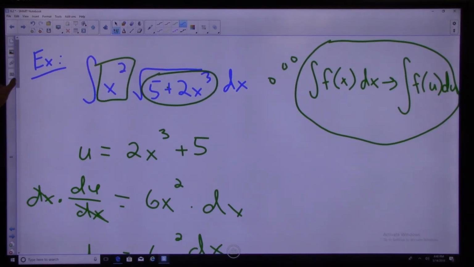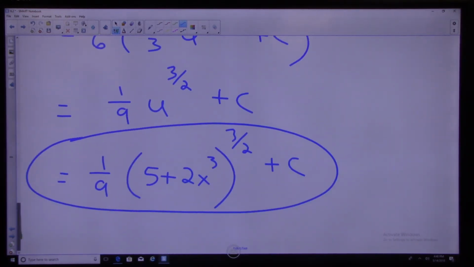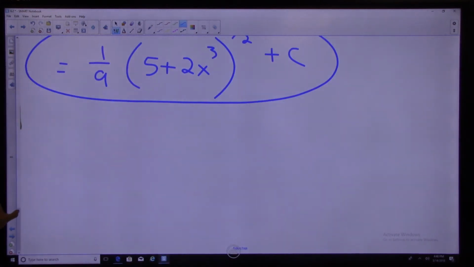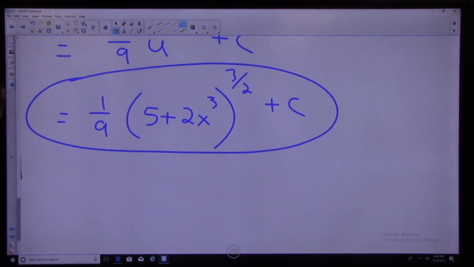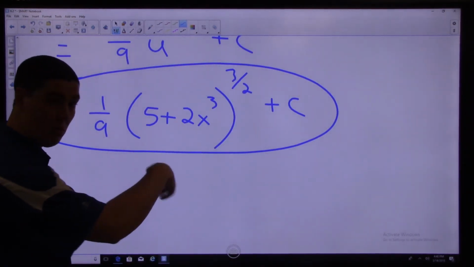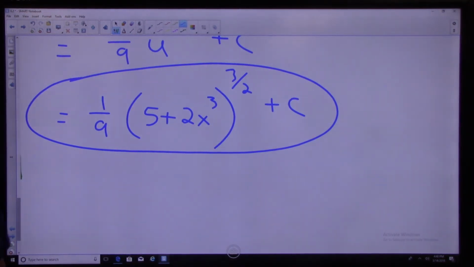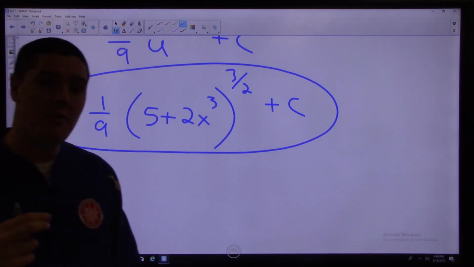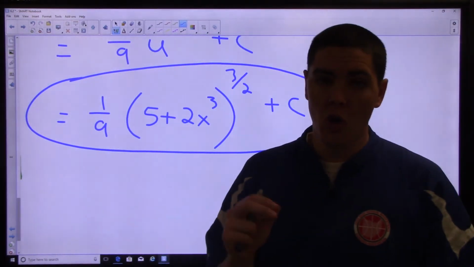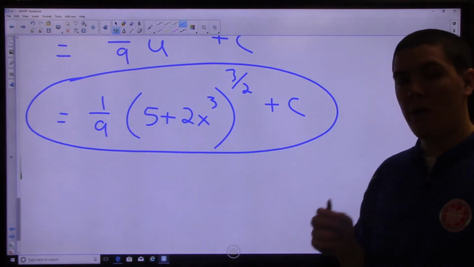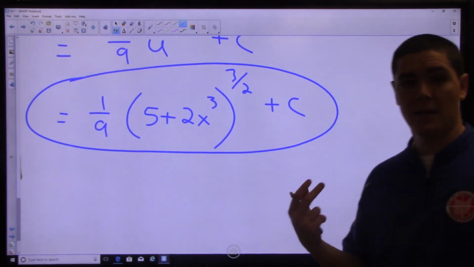All right, let's go with it. So let's do it. I'm going to take the derivative of that guy. Now, hopefully you see this is going to require the chain rule. So I need to take the derivative of the outside function, leaving the inside function alone right away, and then multiply by the derivative of the inside function.